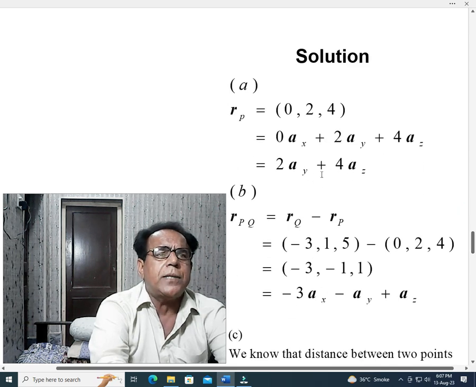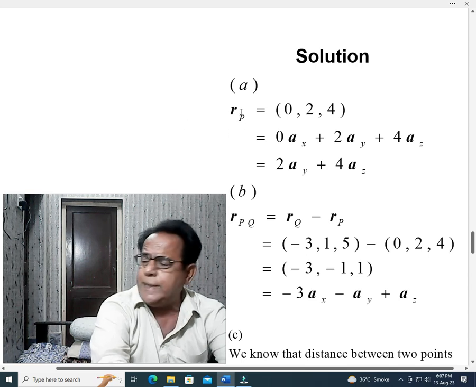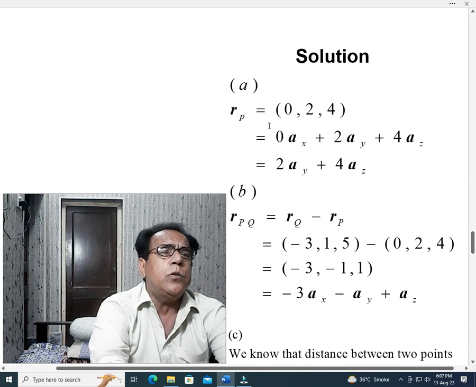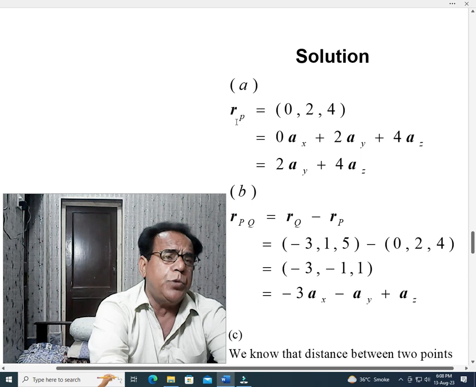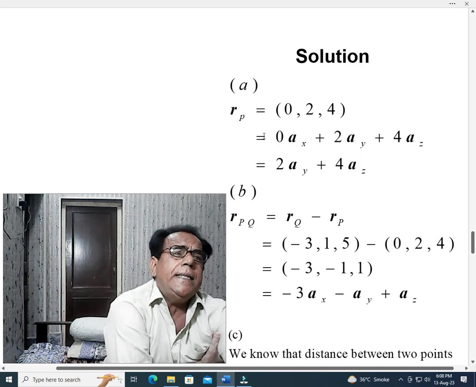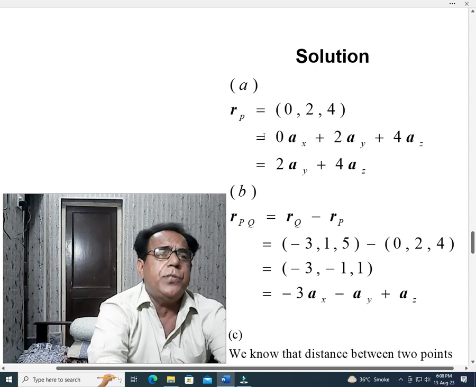That is 2ax plus 2ay plus 4az. So it is quite clear that RP becomes equal to P, because the position vector is always taken with respect to the origin, which in 3-dimensional space is 0, 0, 0.